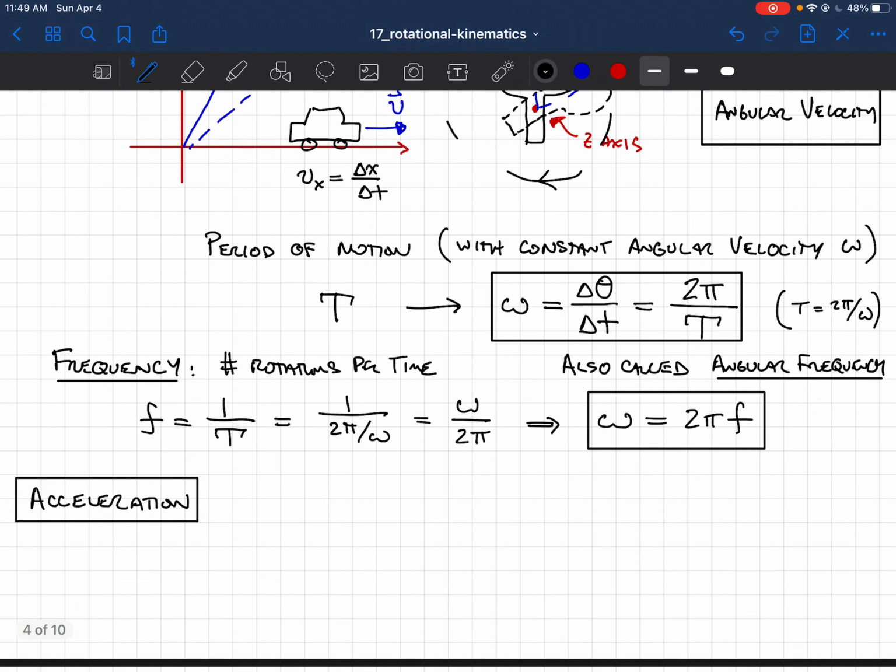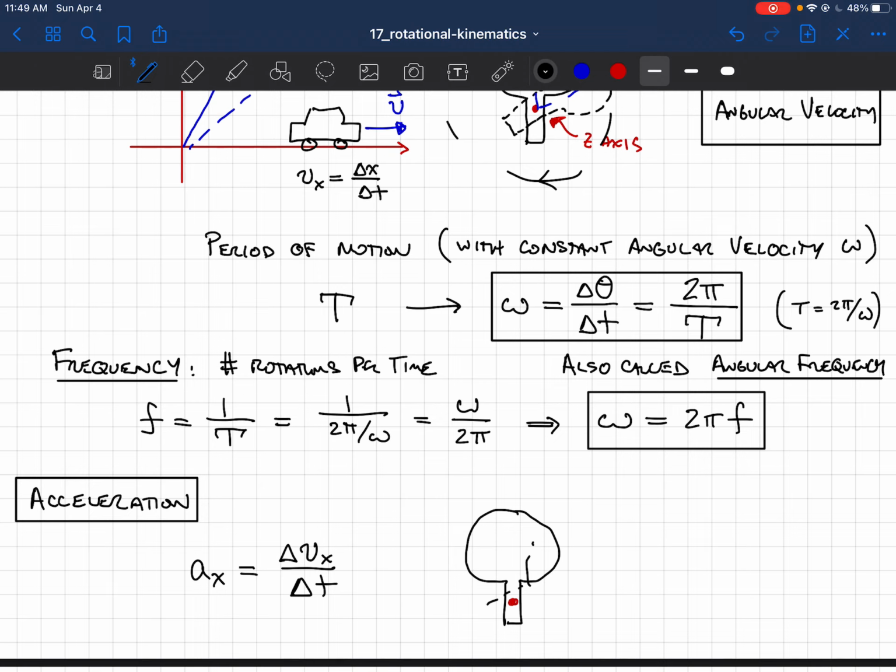So we have one last kinematic quantity, and that's the acceleration. And we know from translational motion that the acceleration in the x direction is the change in the velocity in the x direction over the change in time. So it's the change in velocity over change in time. Well, for our ping pong paddle, let's just draw out what that means. At some moment, it's at this position.